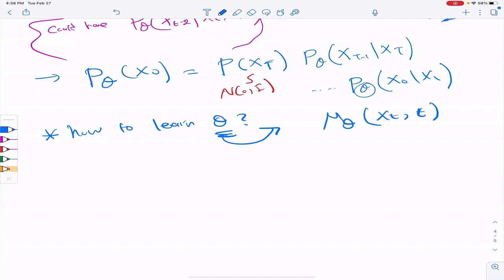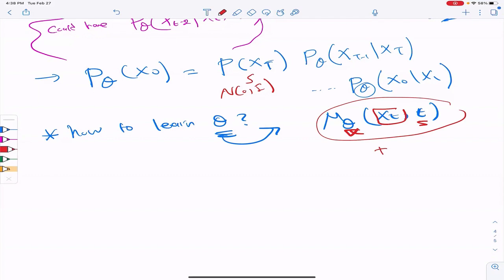So you have the sample at time t, you denoise it using this function. That's the mean, and then you add a tiny bit of Gaussian noise, which variance sigma square I, and that's your time step t minus 1, and you go back. So theta is the set of parameters that you need to learn.